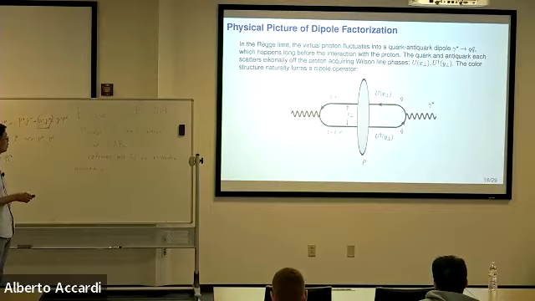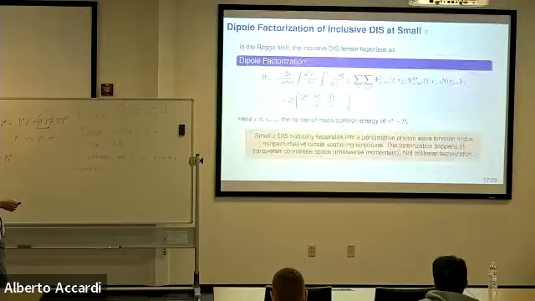And then after that, they combine to form again a virtual photon in the forward region. That's basically how this expression works: I have two wave functions, and then I have the interaction with the proton.